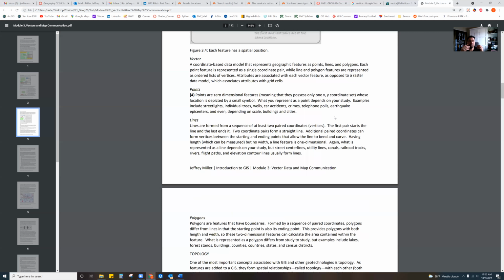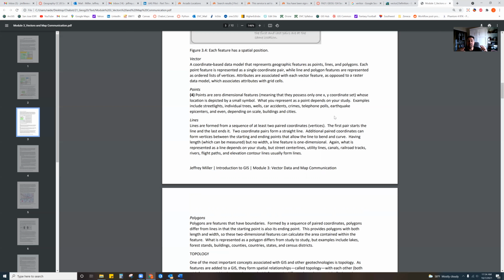What kind of features would be represented by points? Like I said, street signs, or other types of assets like utility markers, or really anything. You could do something like a house and have a single point in the center of it.